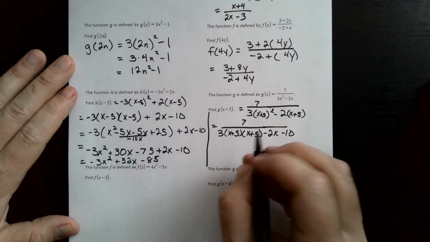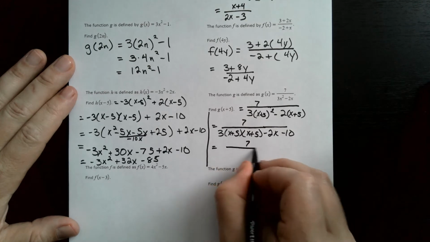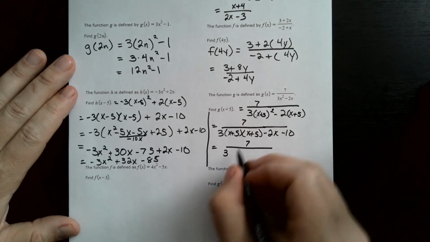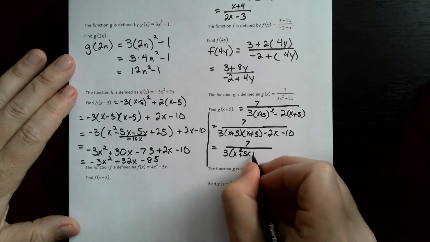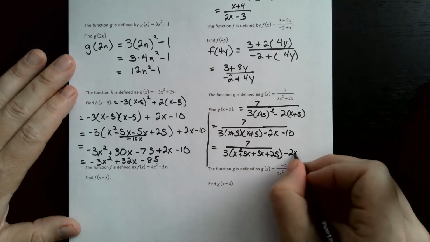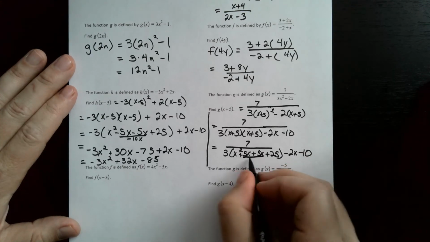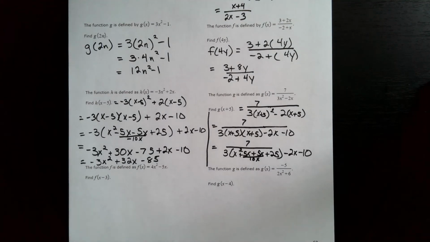And then if I multiply this through, I get, let's see, 7 on top, 3 on the outside, and this becomes x squared plus 5x plus 5x plus 25, close parentheses, minus 2x minus 10. Okay, so these two become 10x, and I'm running out of room here, so let me grab a little piece of paper so I can finish this problem.